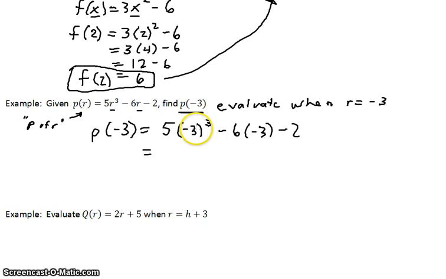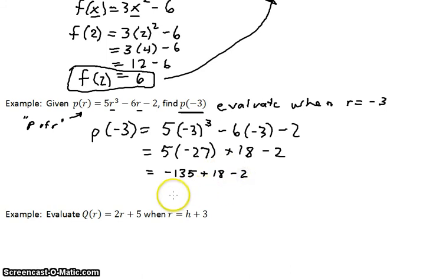So I have orders of operations. I got to deal with exponents first. -3 cubed is going to be a -27. -6 times a -3 is a +18, minus 2. 5 times a -27 is going to be -135, plus 18, minus 2.